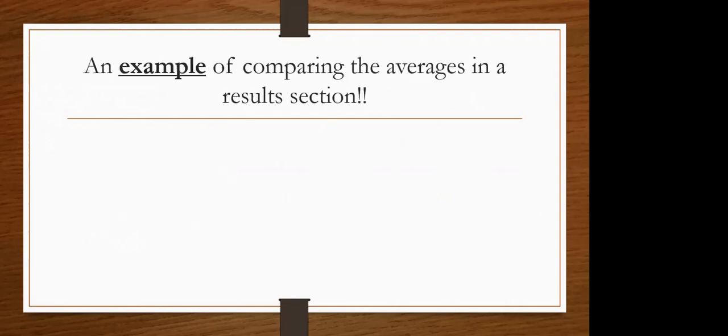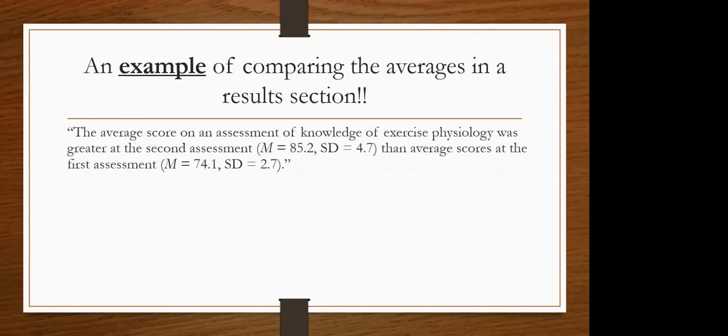So here's an example of how you would compare the averages in a results section. The average score on, and remember, she did this pre-test, post-test thing, the average score on an assessment of knowledge of exercise physiology was greater at the second assessment, so she says, here's the mean for the second, than the average score at the first.